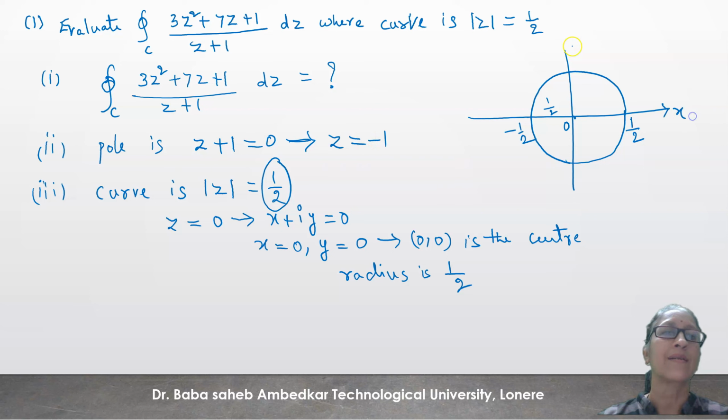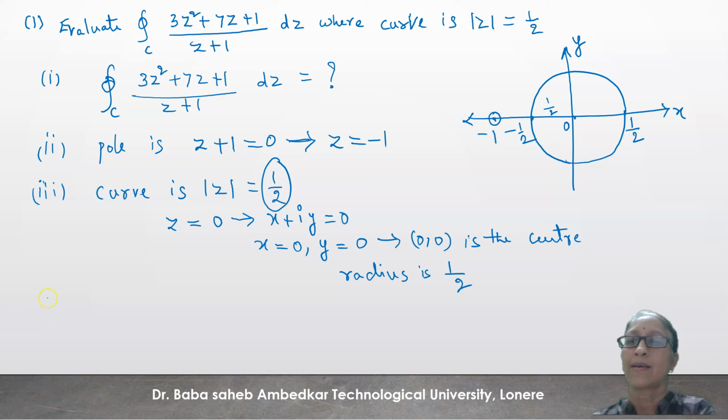Let us say this is the x-axis, the real axis, and the imaginary axis. So z equal to minus 1 is here. In the fourth step, we identify whether this singularity lies inside or outside the given curve. Here z equal to minus 1 lies outside the curve.